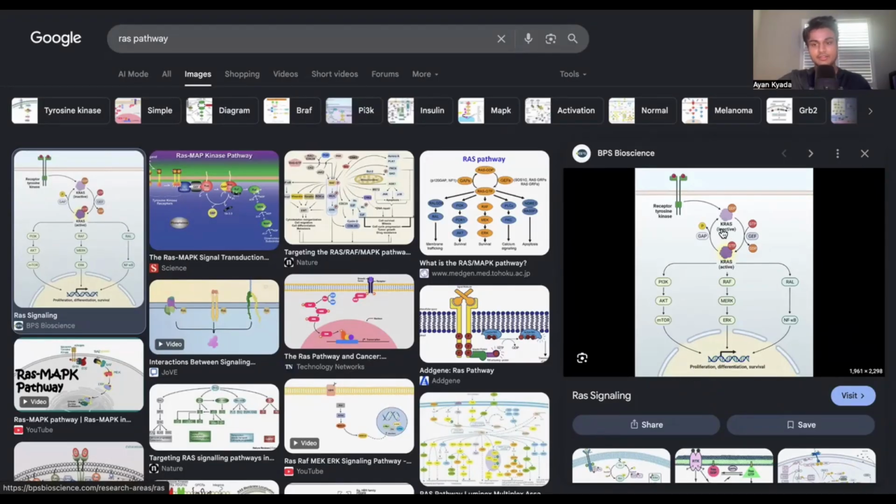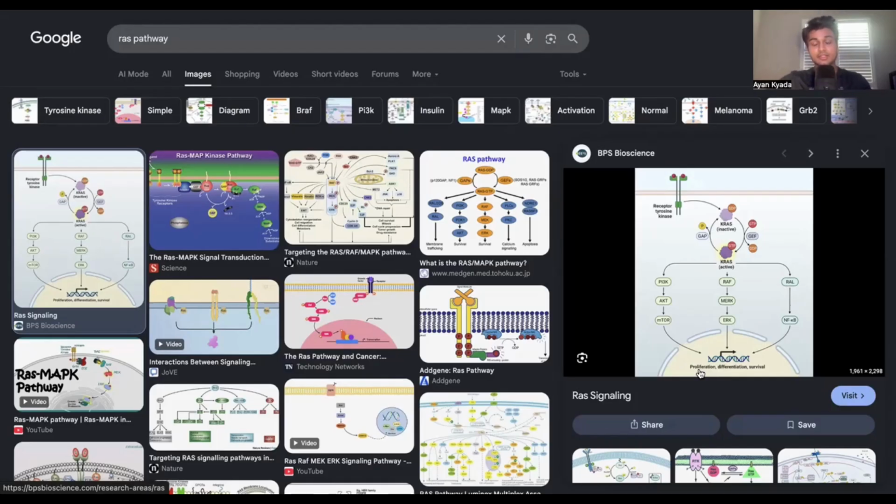So you can see here there's a series of phosphorylations, a series of activations, and a bunch of regulatory proteins here that are all controlling whether the cell gets the signal to proliferate or divide. Essentially, it's a very controlled pathway.